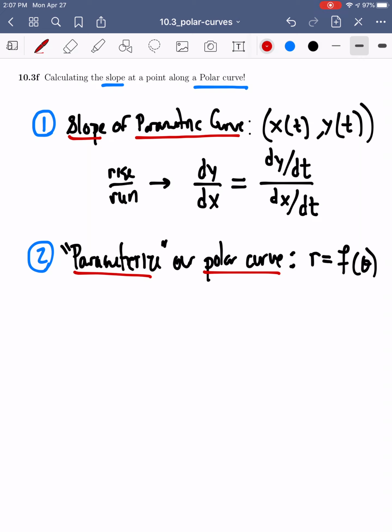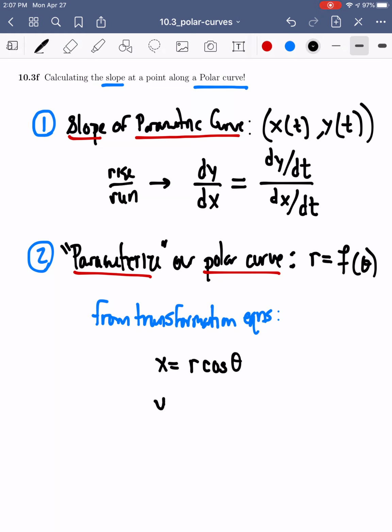If we go back to our transformation equations, we know that x is always equal to r cosine of theta, and y is always equal to r sine theta.